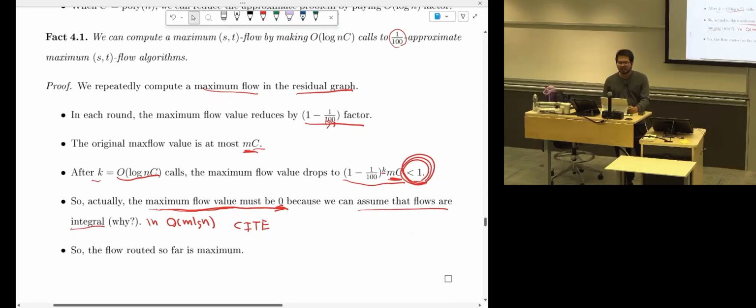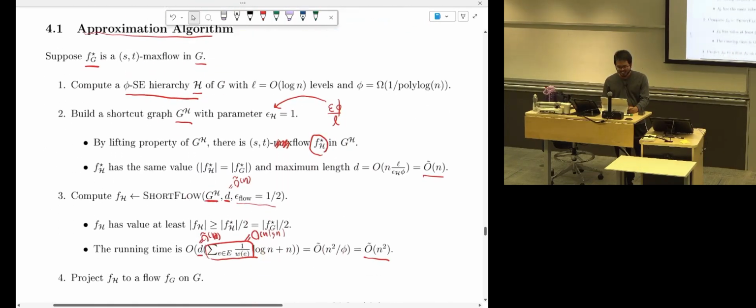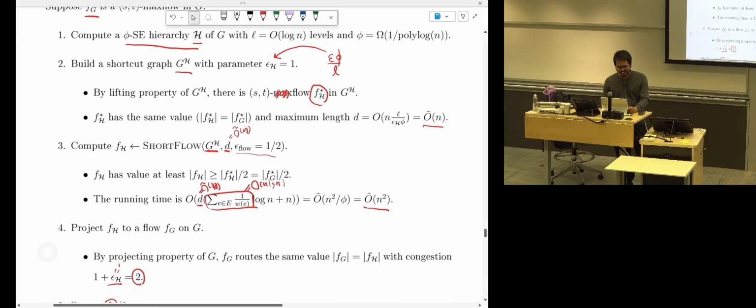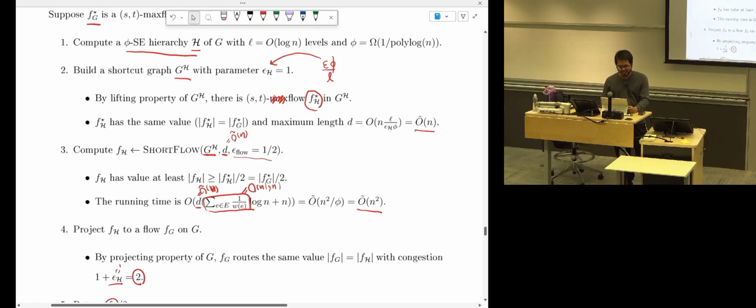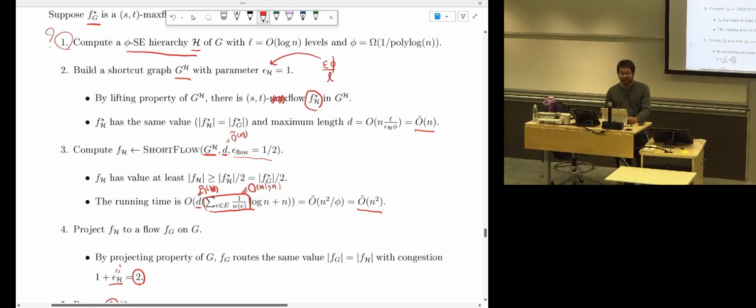So we cheated. We cheated in some place. Can you spot it? Do we know the fast SC hierarchy yet? Yeah, exactly. We don't know how to do this fast. There is another place that we cheated.